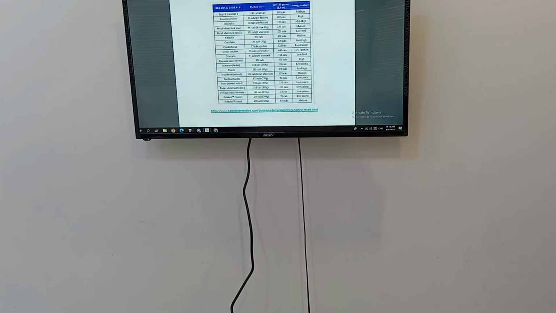You have here different types of foods, the portion size for each item, and the calories per 100 grams, or in ounces 3.5, and the energy content of it. For example, you have white bread.